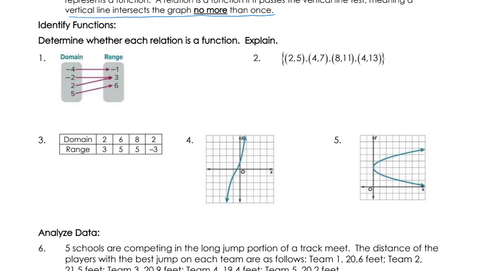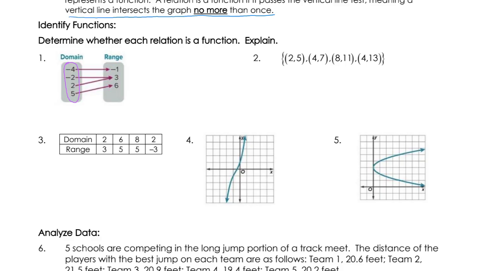So going back down here to 1 through 5, number 1, we have these numbers right here for our x values. Now, when I'm looking at a mapping diagram, I'm looking at if any of them have two arrows coming out of them, because that would be a repeated x value. So I only see one arrow coming out of these. So that means my relation would be (-4, -1), (-2, 3), (2, 3), (5, 6).